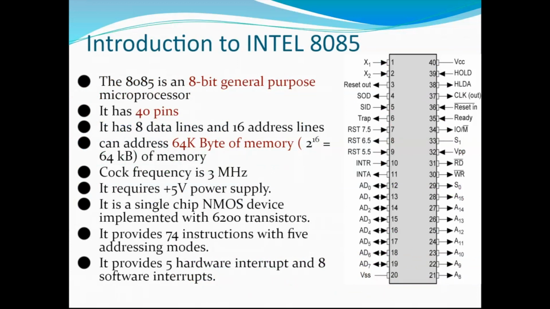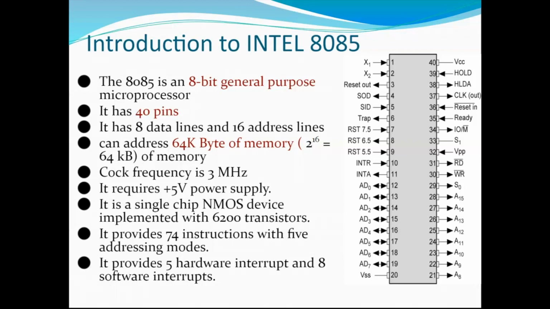Let me introduce the Intel 8085 in detail. The 8085 is an 8-bit general-purpose microprocessor which has 40 pins, 8 data lines and 16 address lines, and it can address up to 2^16 memory locations.